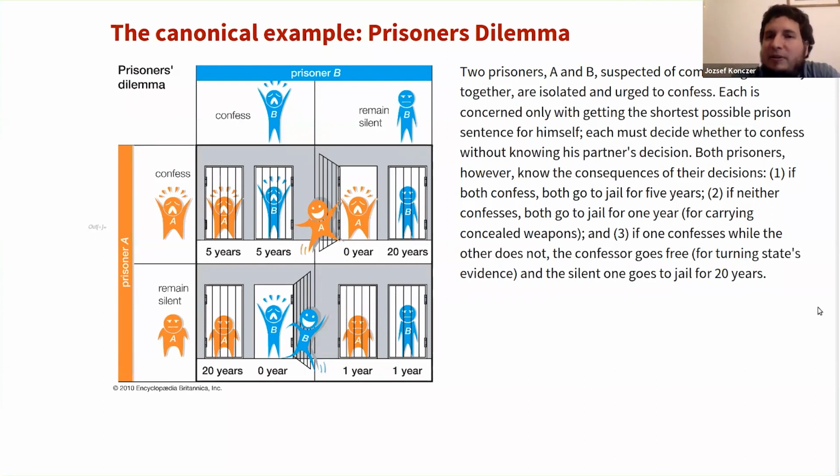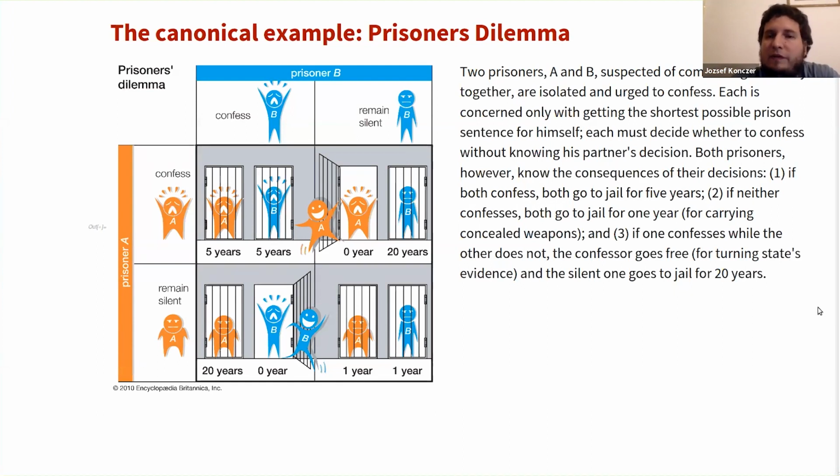There are two prisoners, A and B, suspected of committing a robbery together, isolated and urged to confess. Each is concerned only with getting the shortest possible prison sentence for himself. Each must decide whether to confess without knowing his partner's decision. Both prisoners, however, know the consequences of their decision.